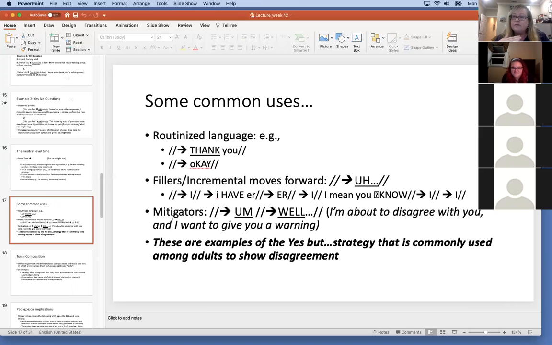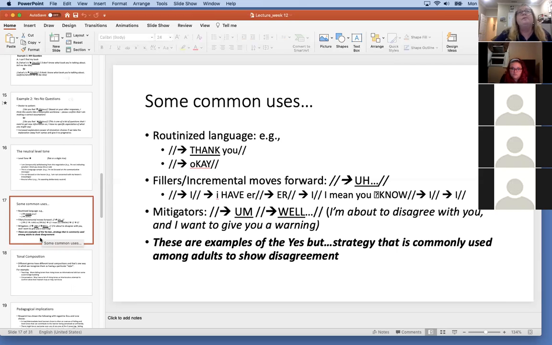Generally speaking, with adults, we don't say, no, you're wrong. We say, yeah, but, and then we disagree. So this choice of intonation on mitigators like, well, is a signal to say, I'm about to disagree with you, or I'm about to say something that you don't expect.